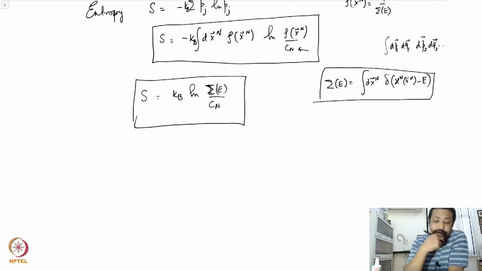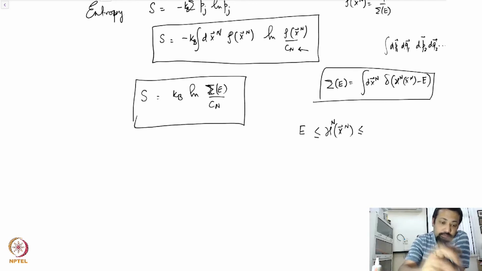Well, instead of considering that the system is strictly at an energy level E, I can also consider a spread in the energy level, so I replace this by E plus delta E.